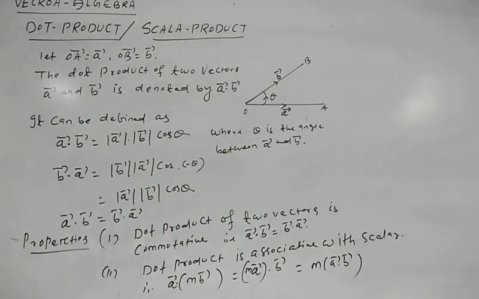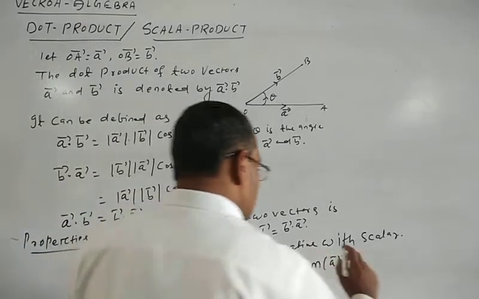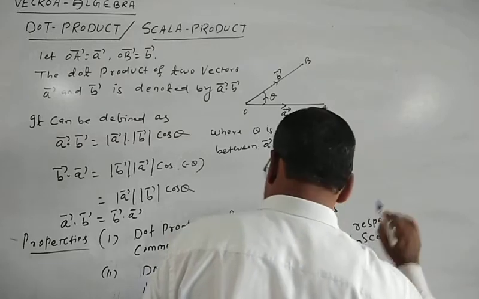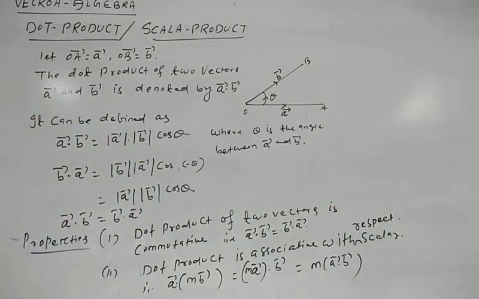Next, the dot product is associative with respect to scalar, and the dot product obeys the distributive law over addition of two vectors.